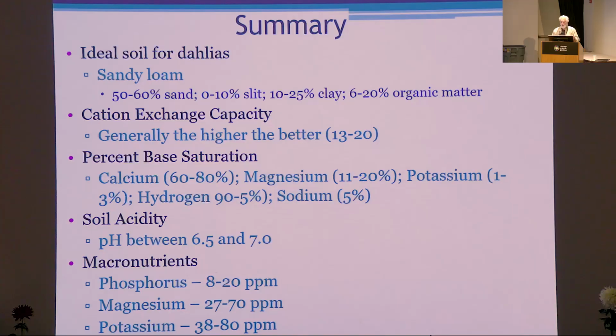The soil organic matter tends to neutralize the acidity in your soil. And then the macronutrients, the phosphorus, magnesium, potassium, again, if they're off the charts, experiment. You'll see that you really don't need to add any more. It's already there.